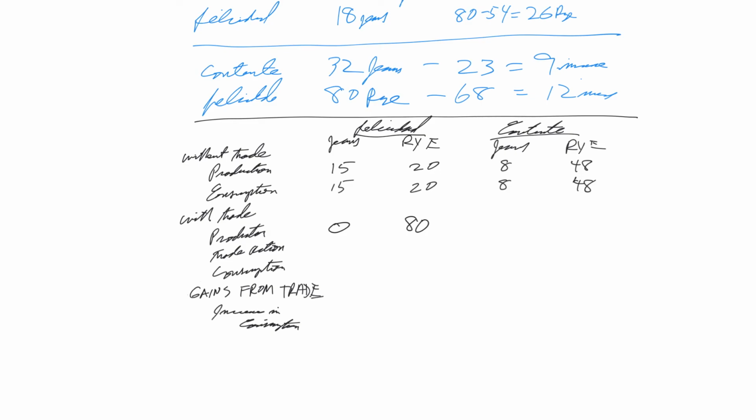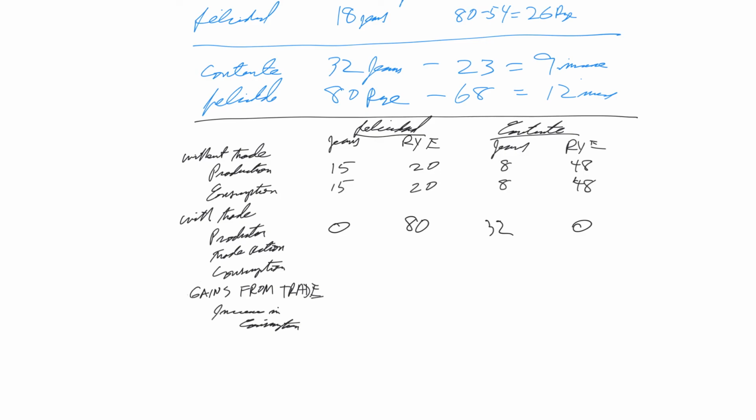Okay, Contente. What's their production of genes? Well, they're specializing in genes. They're producing all the genes. Remember that's 32 and 0 rye. So that's nothing new there. It said that the genes producer, Contente, is exporting 18 genes to Felicidad.